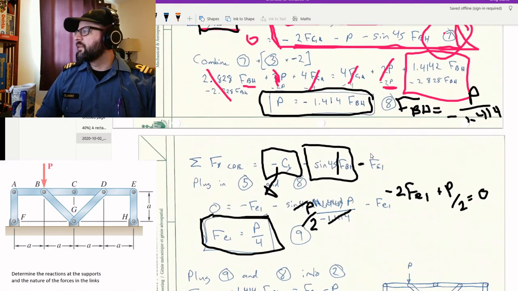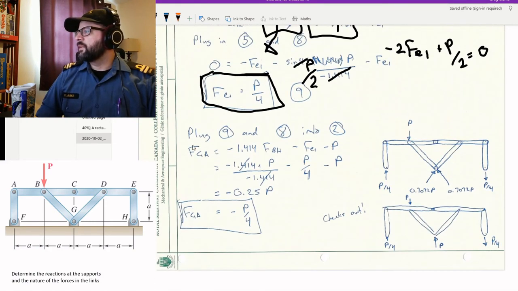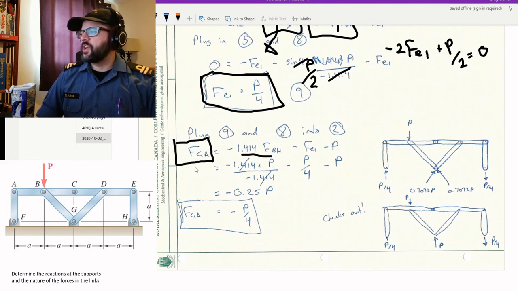So FGA minus 1.414 FBH minus FEI minus P. Trying to solve for FGA, we'll leave that alone, but plugging in FBH, which is P over negative 1.414.